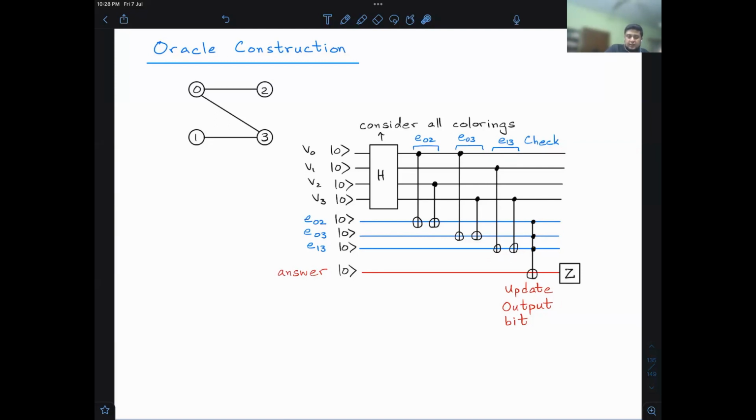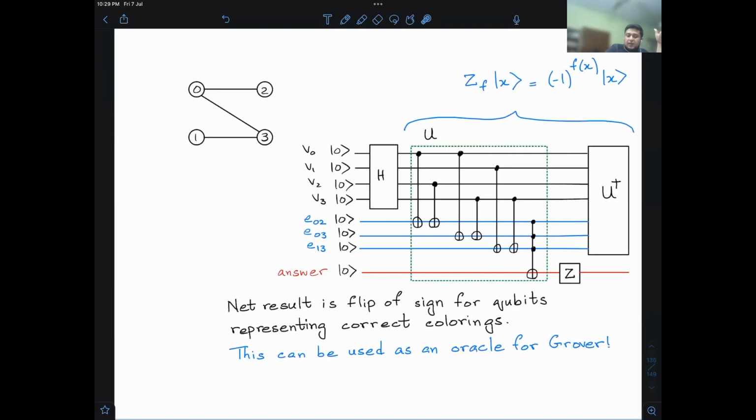And just like in the oracle and the inversion around the mean operator, where we saw the application of the Z operator, similarly over here we apply the Z operator to introduce that minus sign. And then all that remains is to undo the work of however we have changed these previous qubits, which means you think of all these transformations that we've done over here and implement the inverse of that transformation to make sure the qubits are back in the state that they were in before this transformation was applied.